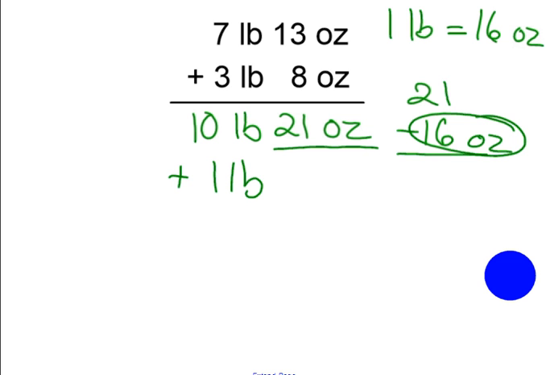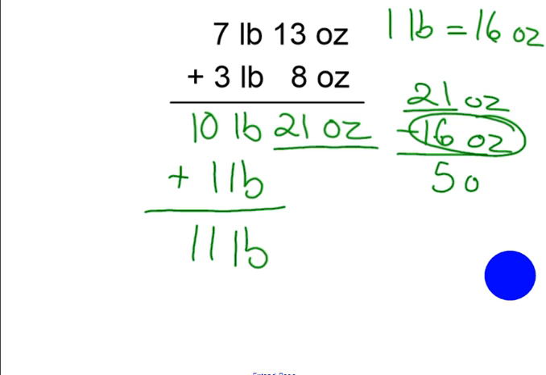And so we're going to get a total of 11 pounds. Then we take our 21 ounces, subtract the 16 ounces that we moved over here, and we're going to get a total of 5 ounces left over. And so our final answer, of course, is going to be 11 pounds, 5 ounces.